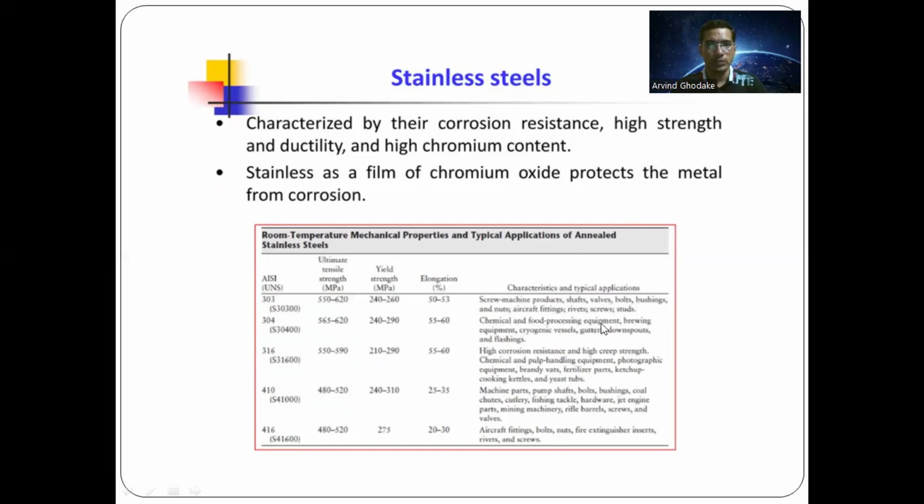Then chemical and food processing equipments, cryogenic vessels, then high corrosion resistance and high strength chemical and pulp handling equipments, photographic equipments, then machine parts, pumps, shafts, bolts, bushings, pole clutch, hardware, jet engine parts, machinery, screws, valves, then aircraft fittings, bolts, nuts, fire extinguisher inserts, rivets, and screws.